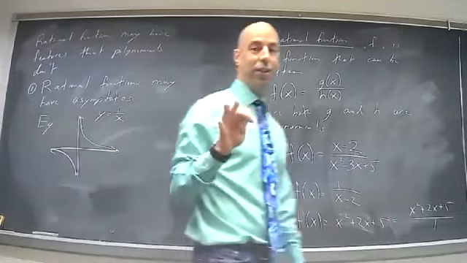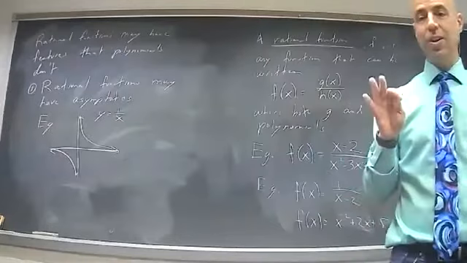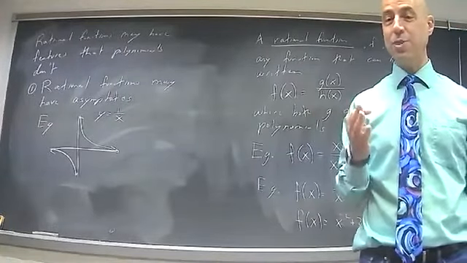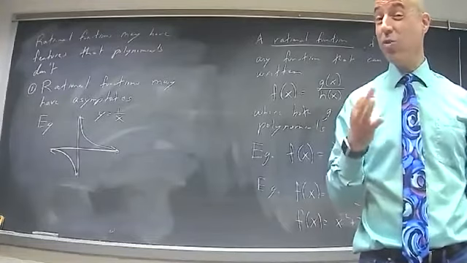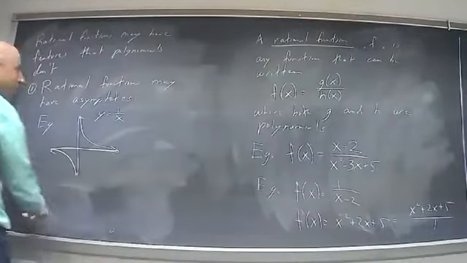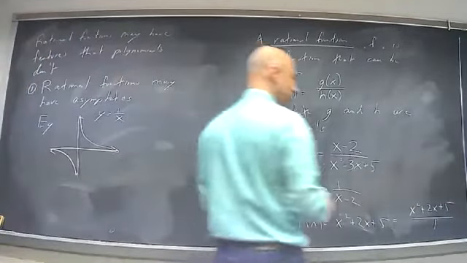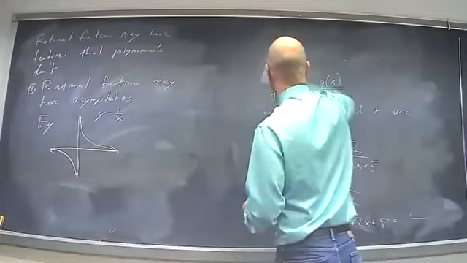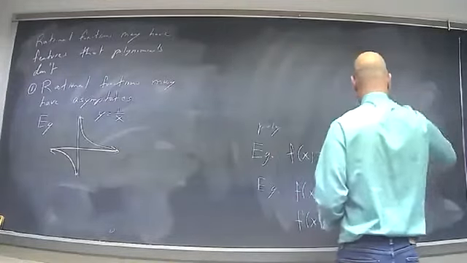It's possible that your high school teachers gave you a definition for asymptote that isn't quite right. It's possible that they said that an asymptote is a line that the curve gets closer and closer to, but never crosses or never touches. That's not quite right.